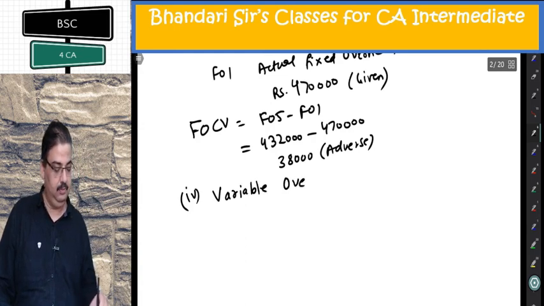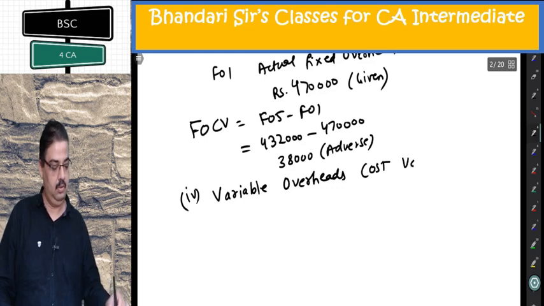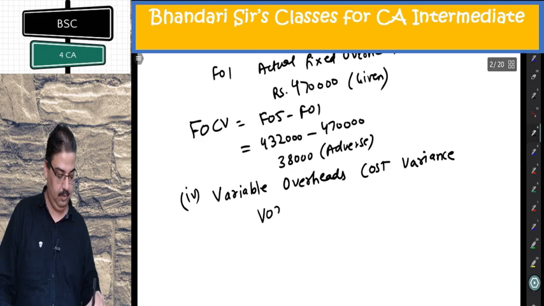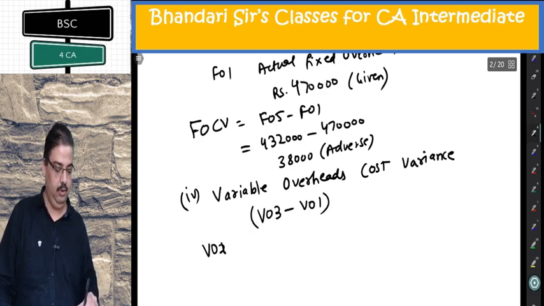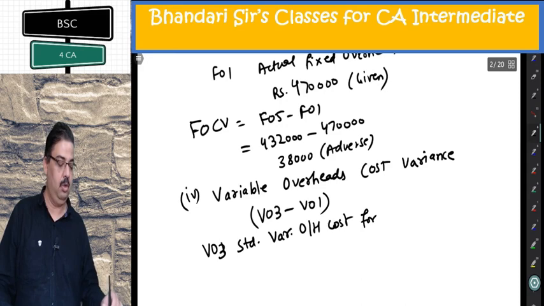Variable overheads cost variance. VO3 minus VO1. VO3, standard variable overhead cost for actual production.